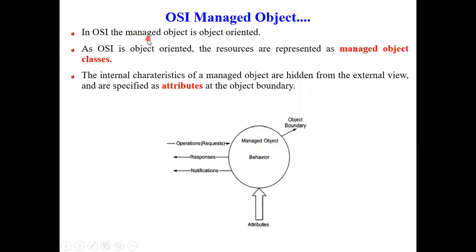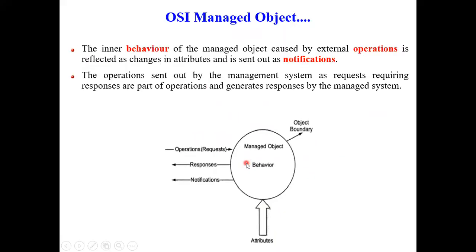Okay, so in OSI, the managed object is object oriented. This we need to remember. As OSI is object oriented, the resources are represented as managed object classes. The internal characteristics of a managed object are hidden from the external view, and they are specified as attributes. So why are these attributes there? Not all the characteristics might be viewed by an external party, so there are certain attributes at the object boundary.